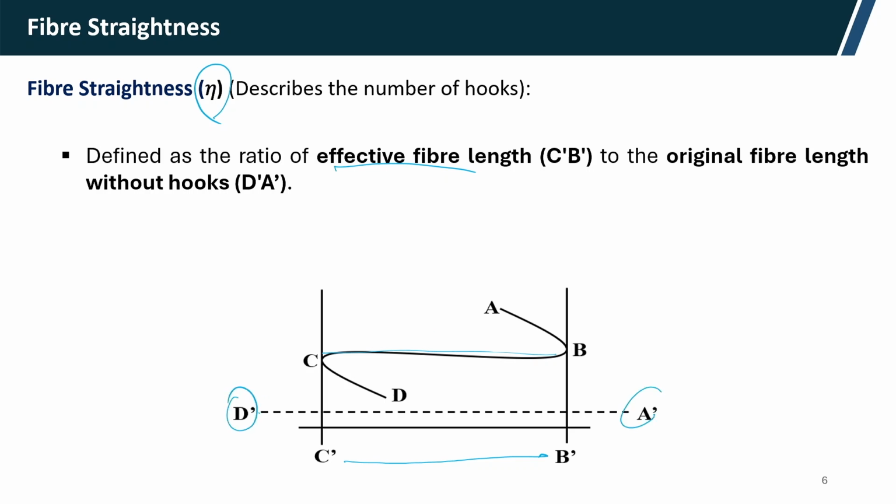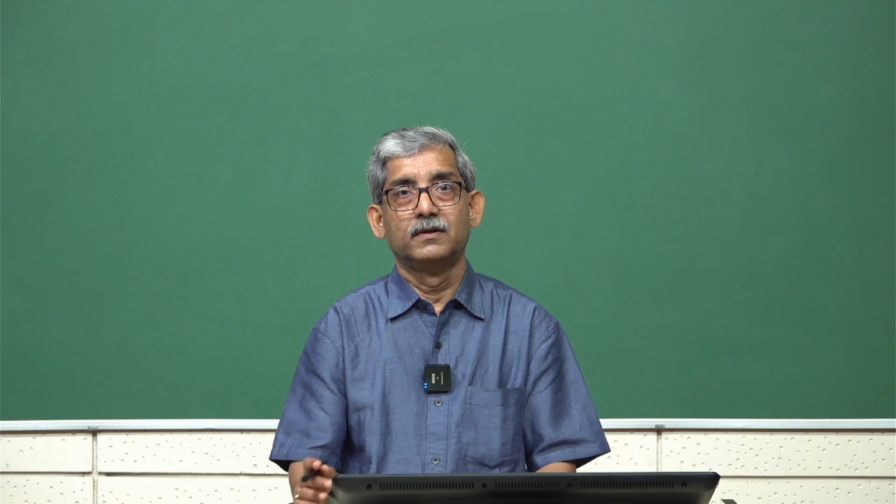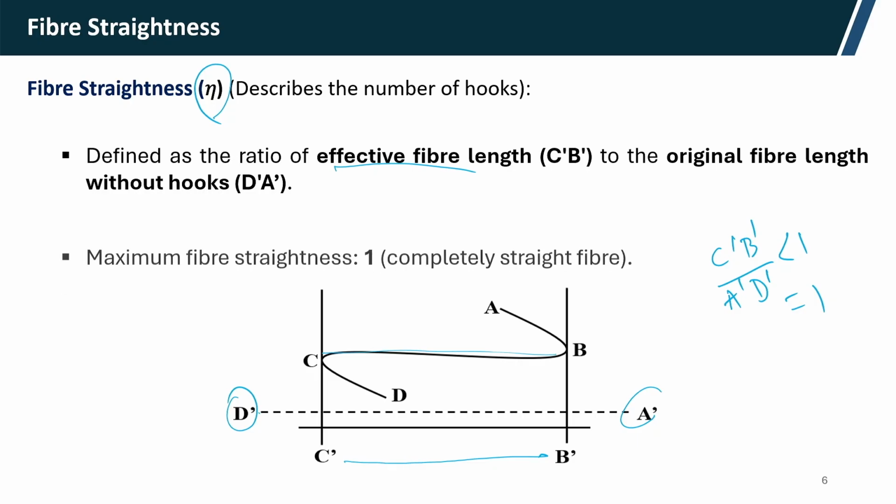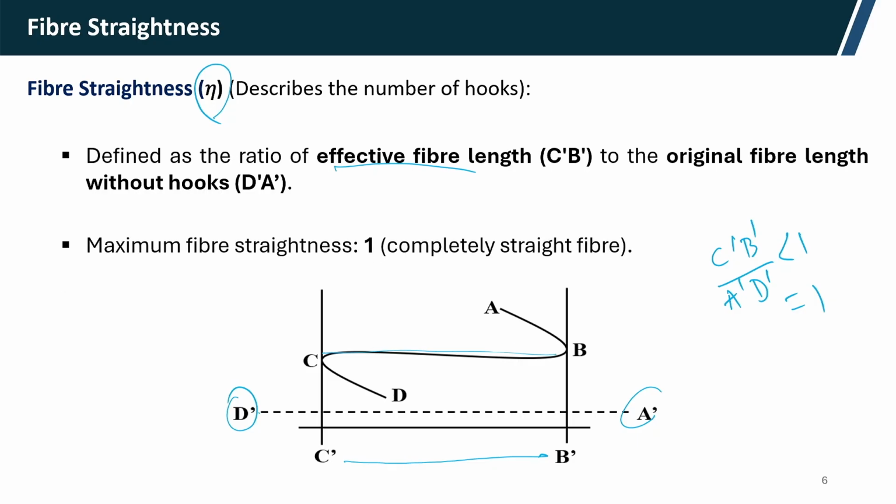So, if we straighten, that ratio will be the straightness. So, C dash b dash by a dash d dash, which is less than 1, and for a straight fiber it will be 1. So, maximum fiber straightness is 1, completely straight fiber.